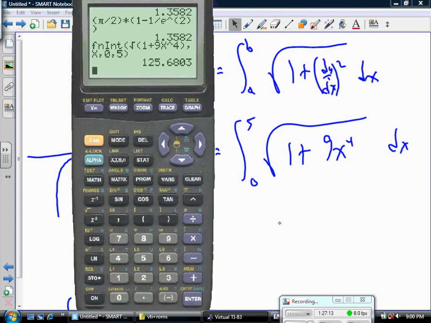Yeah, that's about right. Okay, so L, the arc length, is about 125.680. Remember, equals with a dot means I'm rounding off. And if they don't give you units, don't give units, right?